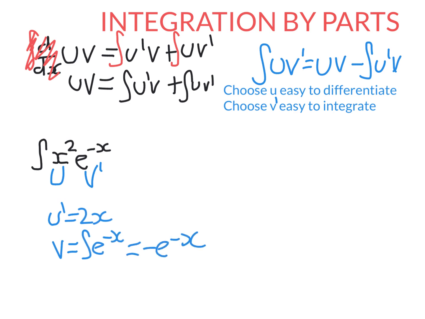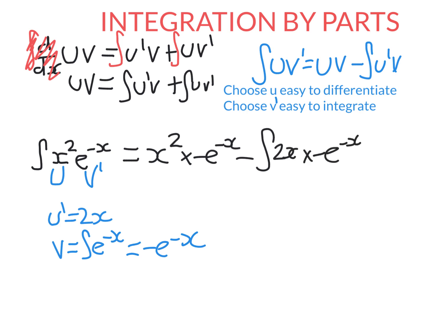So using the formula up here, the integral of uv dash is equal to u, which is x squared, multiplied by v, minus the integral of u dash times v.